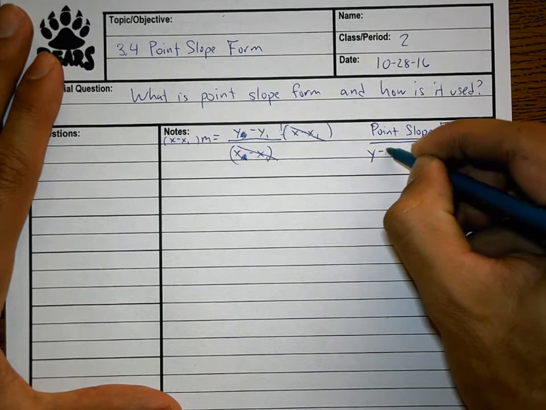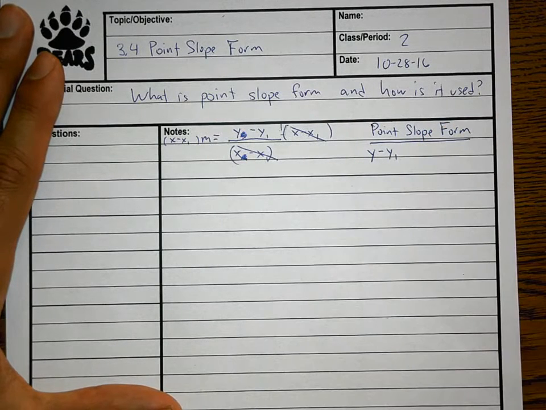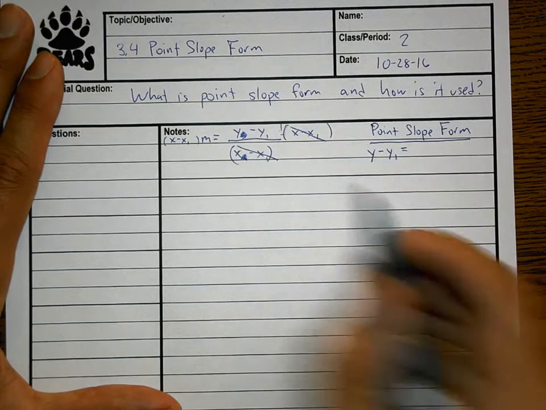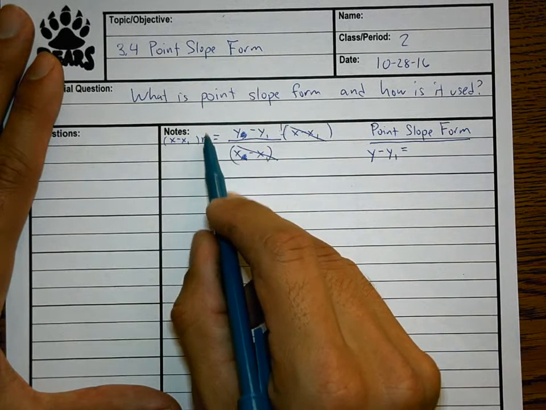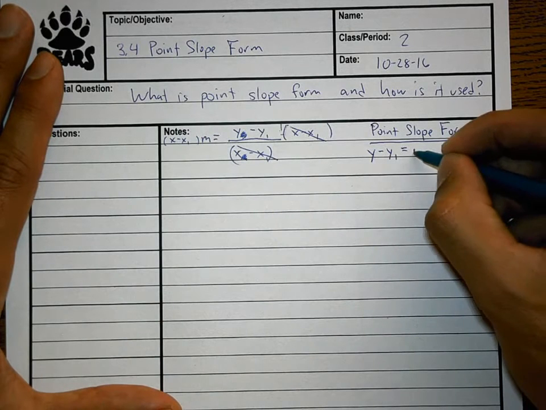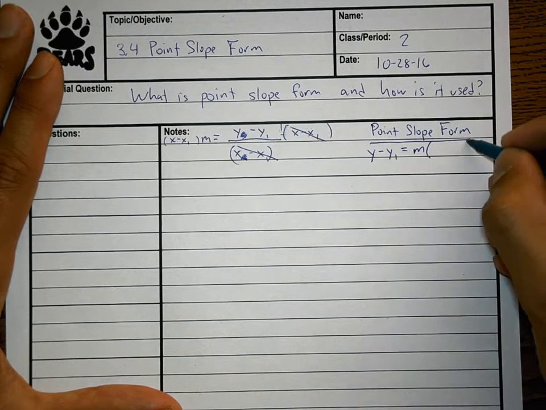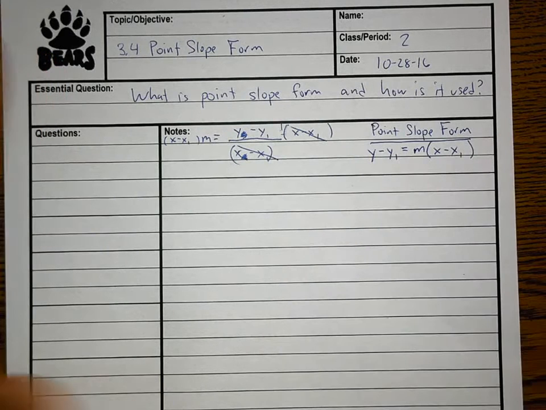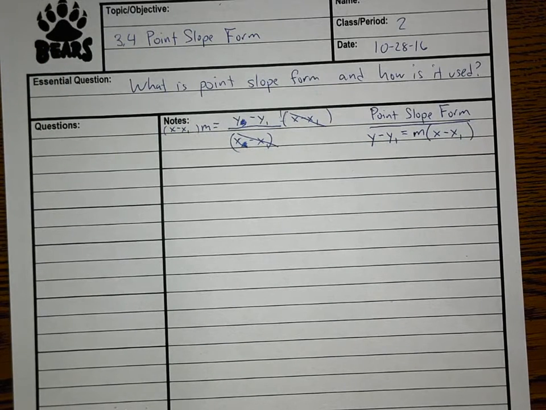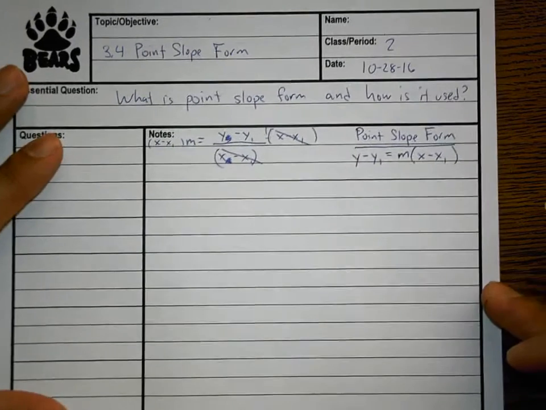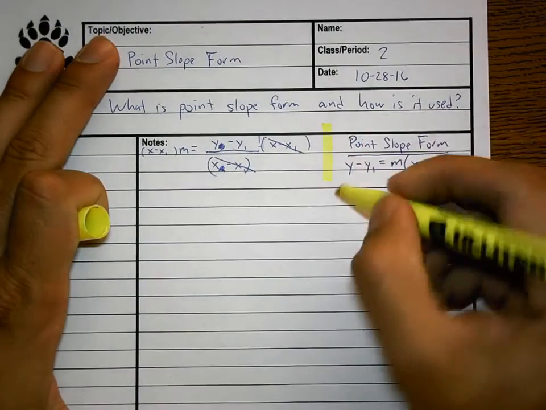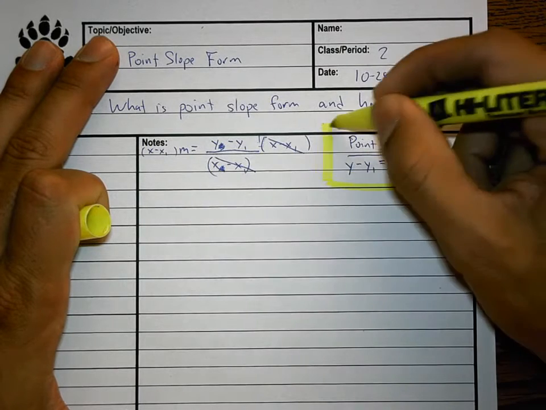Y minus y1, that's what this side is, equals, over on this side, I'm going to put the m in front because that's how it's normally written, m parentheses x minus x1. This is your point slope form that we're going to use.